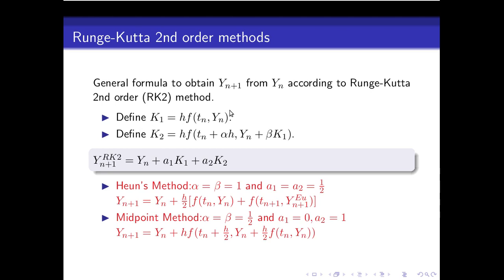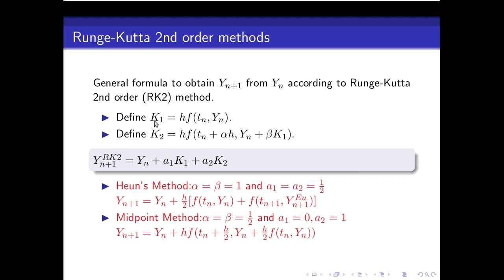To visualize this formula clearly and easily, we just define two quantities. One is k1, which is nothing but h into f(tn, yn). Another is k2, which is h into f of tn plus alpha h and yn plus beta k1.